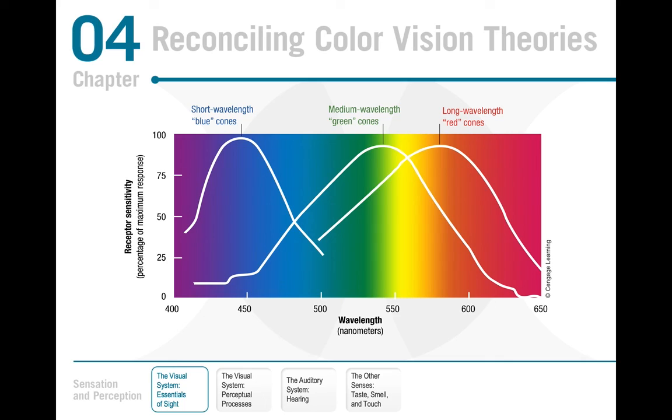So in summary, what most researchers now believe is that the receptors that do the first stage of processing, your cones, seem to follow the principles outlined in trichromatic theory. In later stages of processing, in the retina and down the line in the pathways in your brain, they seem to follow the principles of opponent process theory.